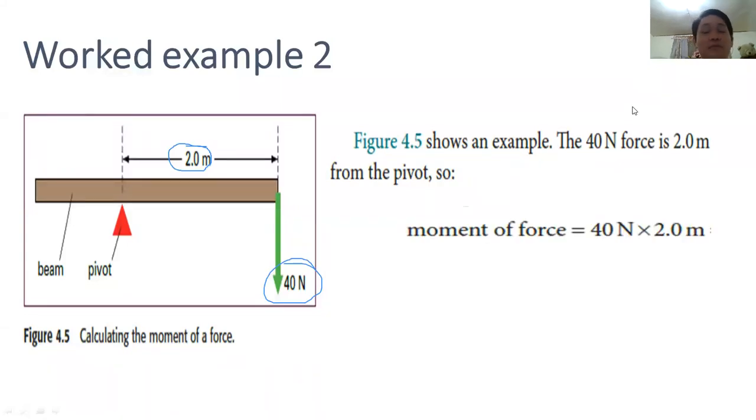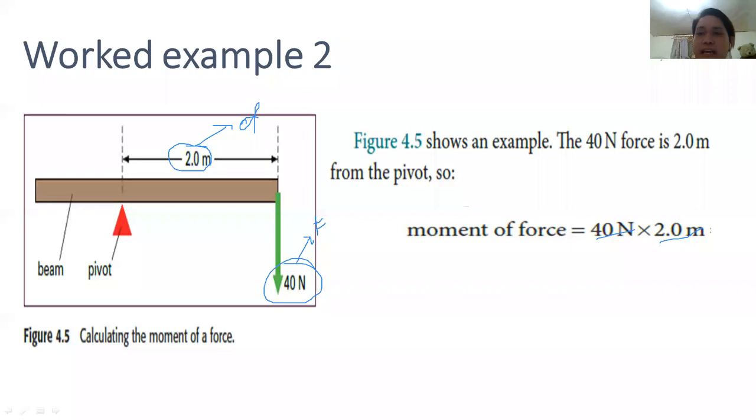We will follow the same formula as a while ago: moment of force is equal to force, or F, times D. Our force is 40 Newton, multiplied by 2.0 meter as our D, as we identified in the given, your D and also your F.